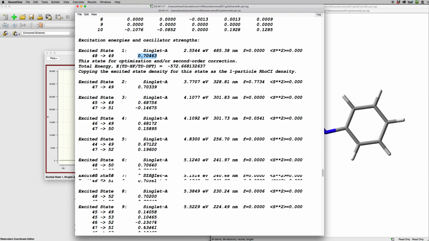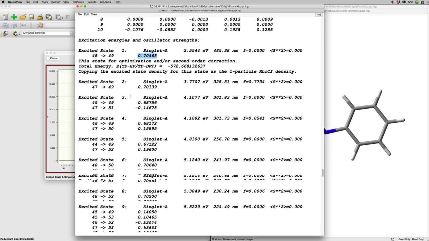The way these numbers are normalized is that sum of the squares of these numbers is equal to 1/2. So if you actually square 0.70463, this is going to be very close to 100%.